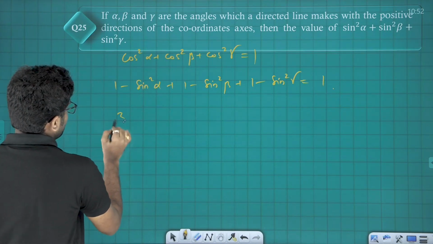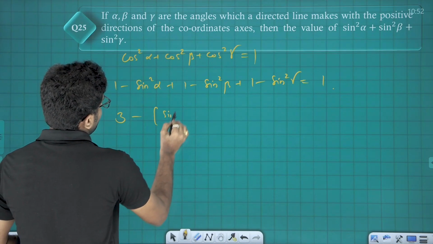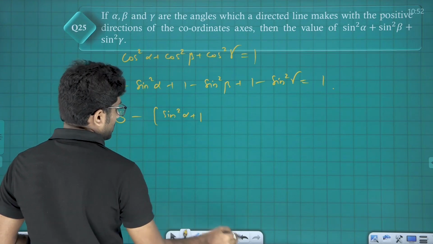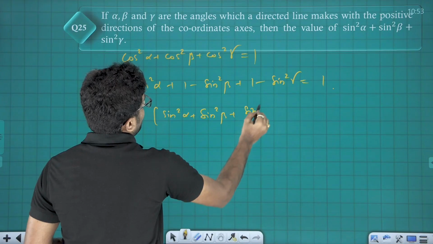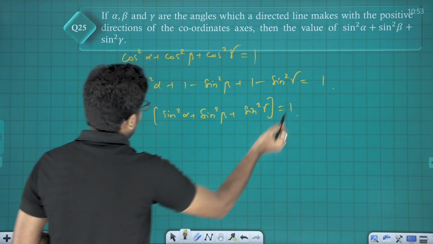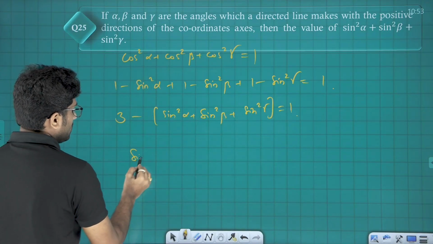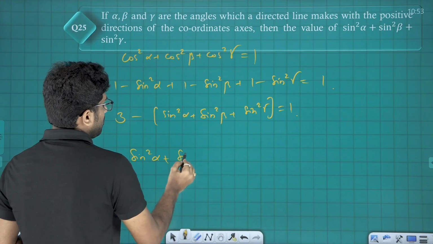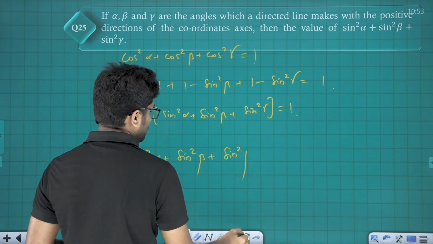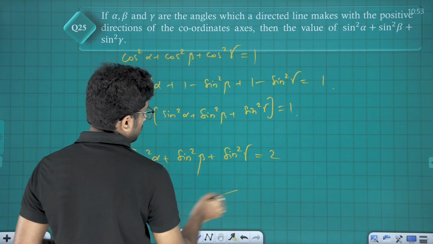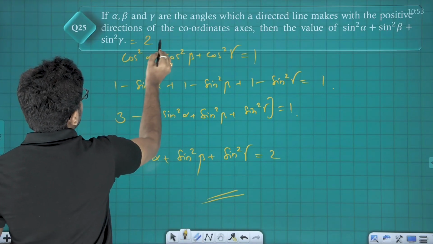So 3 minus (sine square alpha plus sine square beta plus sine square gamma) is equals to 1. So finally sine square alpha plus sine square beta plus sine square gamma is equals to 2. Answer is 2, friends.